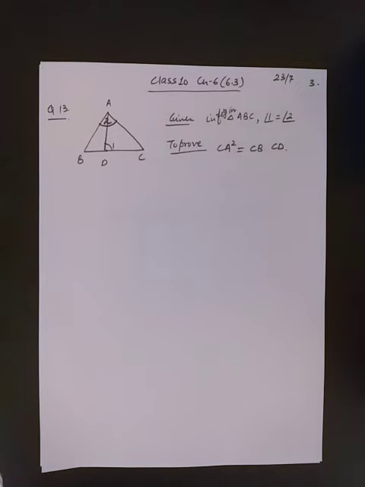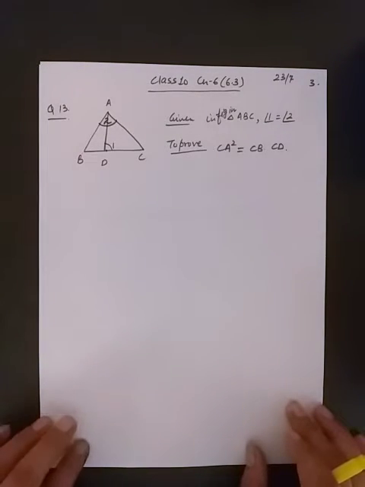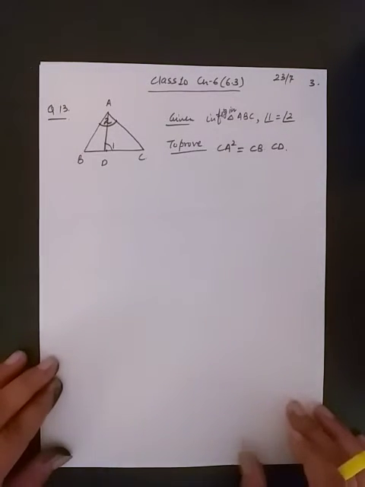Now question number 13. D is a point on side BC of a triangle ABC such that angle ADC is equal to angle BAC. Show that CA square is equal to CB into CD. The figure for this question is not given. We have to draw its figure ourselves.